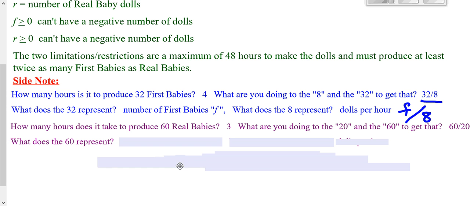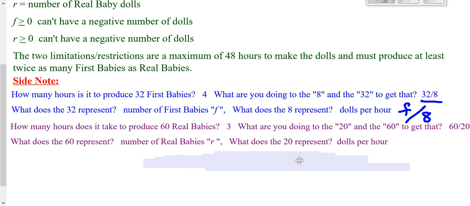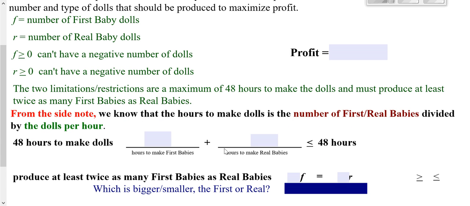The 60 represents the number of babies, which is R, and the 20 represents the number of babies per hour. So for our problem, it's R, the number of babies, divided by 20. So with that in mind, if we write that out, first babies divided by 8, real babies divided by 20.